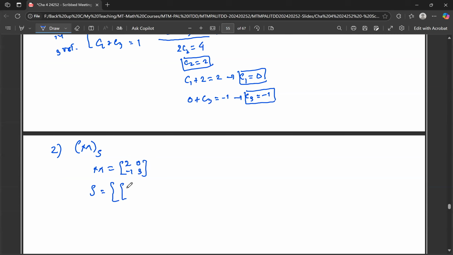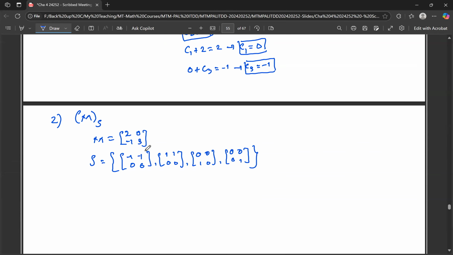M1 is minus 1 0 0 0, M2 is 1 1 0 0, M3 is 0 0 1 0, and M4 is 0 0 0 1. And so we must make the linear combination.